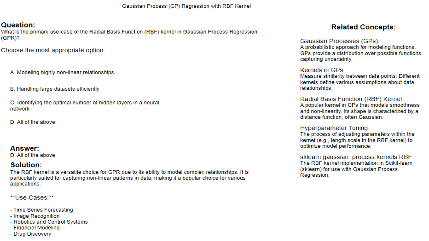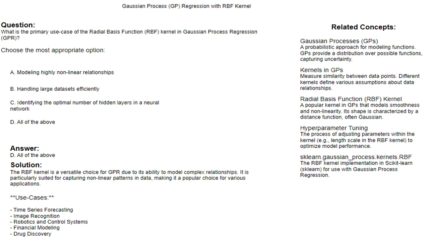Gaussian processes (GPs). A probabilistic approach for modeling functions. GPs provide a distribution over possible functions, capturing uncertainty.